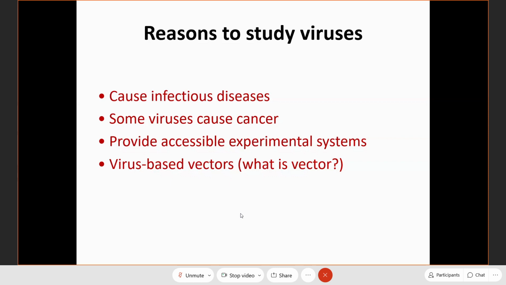And also, the next one, virus-based vectors. Okay, what is a vector? A vector is actually a carrier, meaning that it will carry something to do something. So you can modify a virus so that the virus can do something for you.